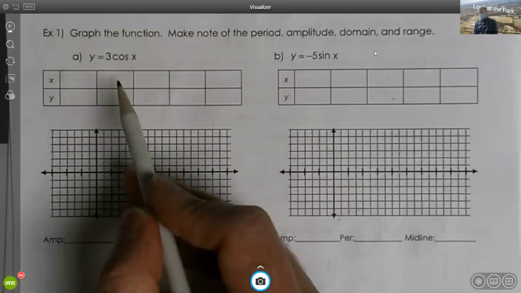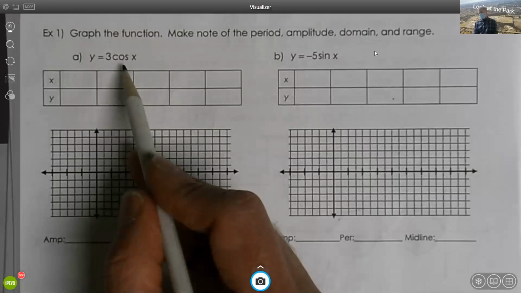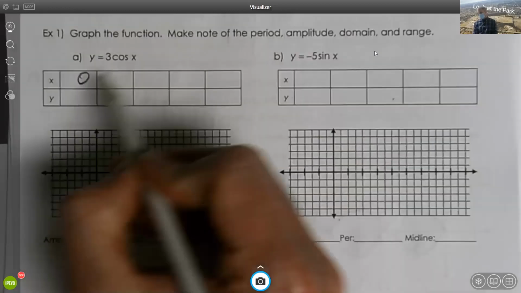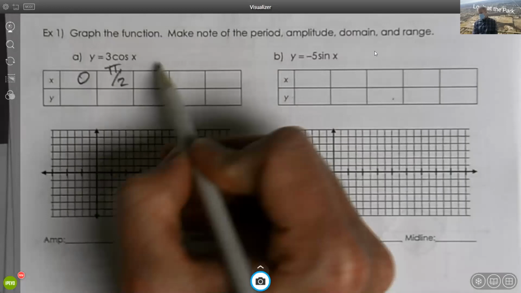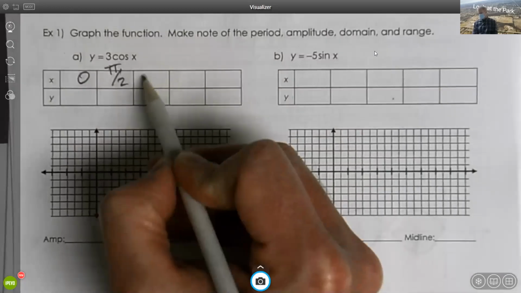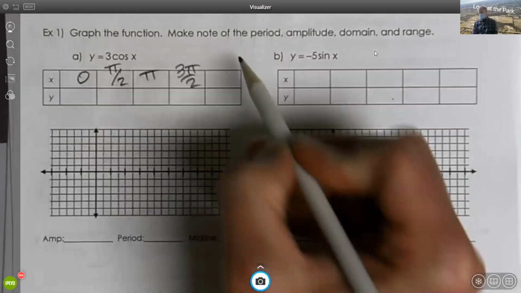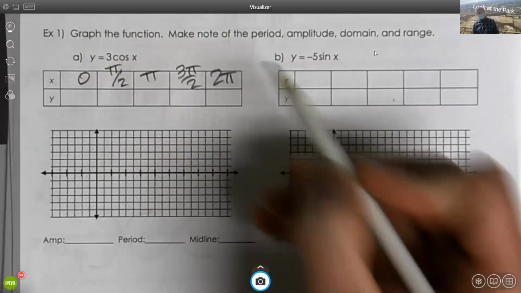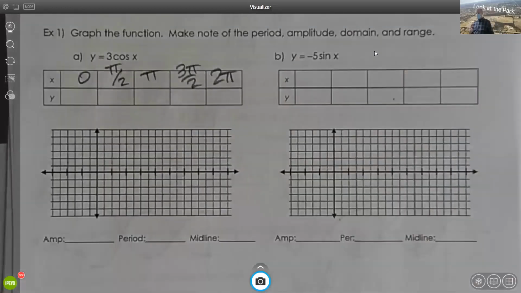This is a cosine graph. So typically we start with 0, then pi over 2, then pi, 3 pi over 2, then 2 pi. That is 1 pi over 2, 2 pi over 2, 3 pi over 2, and 4 pi over 2 as you're working through that.